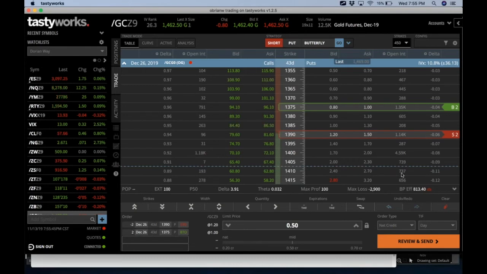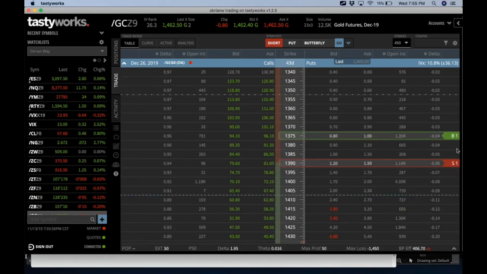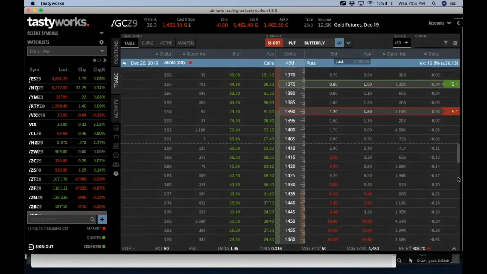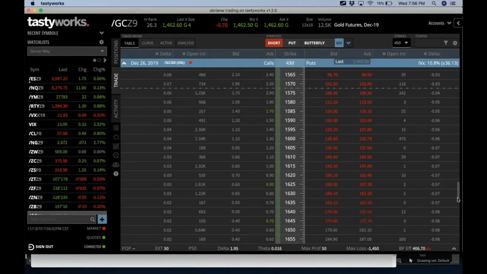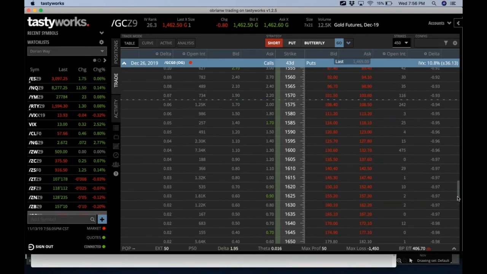I could, on the other hand, let's say decide to iron condor it off, right? So I'm just going to change this back to 1 for a second, and then I can go to the call side and I can put that on. Before, I was looking at I think it was the 6 delta or something like that.